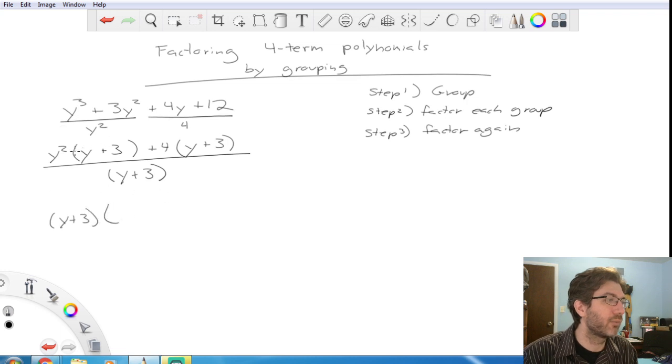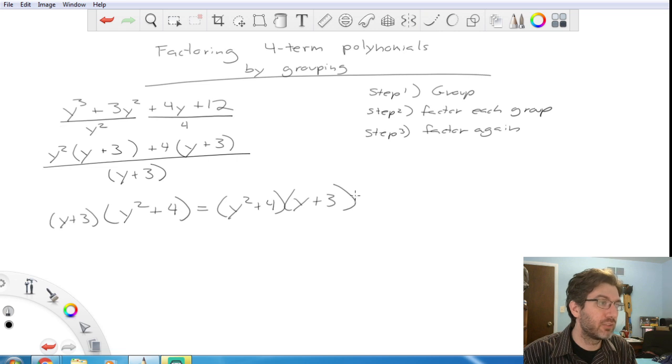And what's left? Well, if I factored out y plus 3 over here, I only have y squared left. And if I factored out y plus 3 over here, I only have a positive 4 left. This is not technically how you write this because we want the y squared first due to standard form. So you normally are going to see this written as y squared plus 4 times y plus 3.